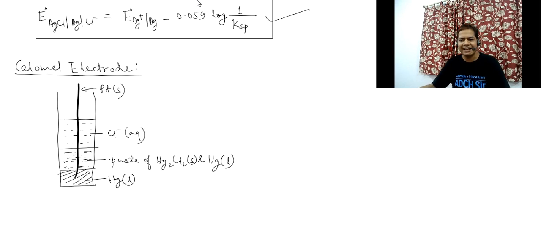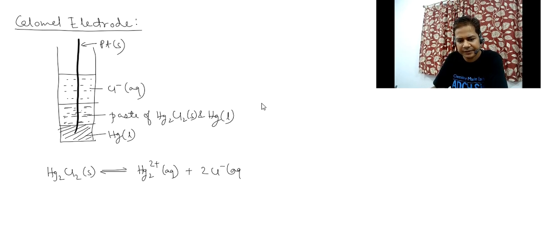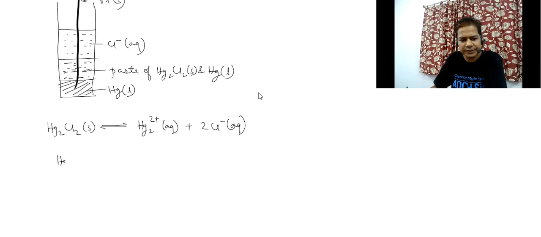Now let us summarize the reactions that are taking place here. Reactions at cathode. We will be calculating the reduction potential, so we will be writing the reactions at cathode. It is the salt mercurous chloride Hg2Cl2, which is also known as calomel. It will remain in equilibrium with the mercurous ions Hg2 2 plus aqueous plus 2Cl minus aqueous, and the mercurous ions Hg2 2 plus aqueous can be reduced to give mercury.